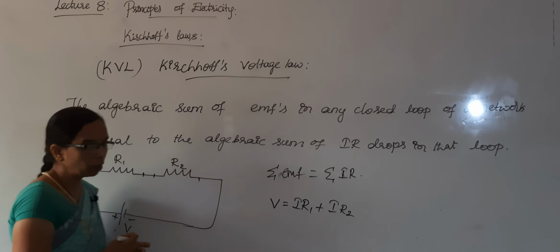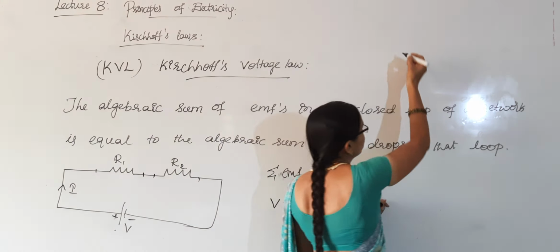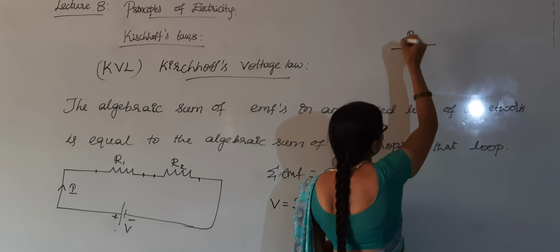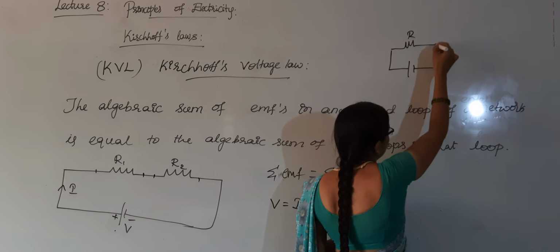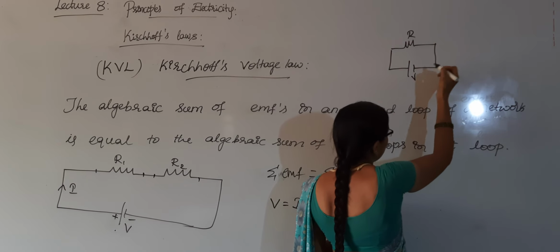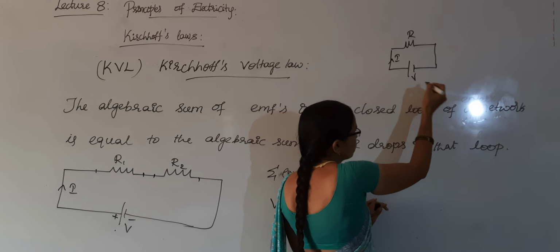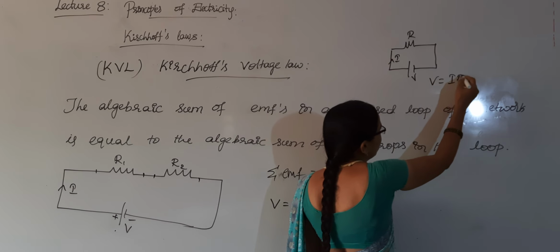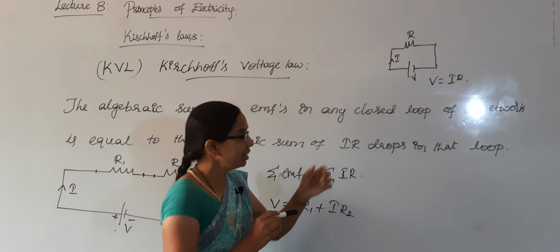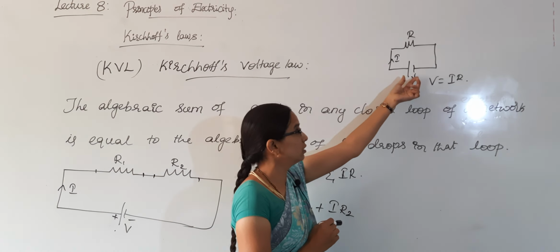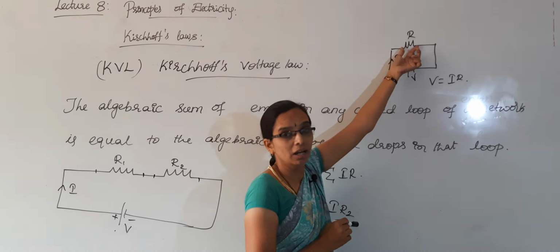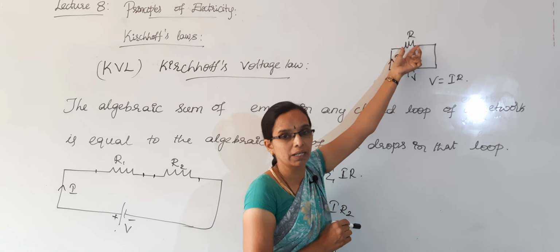In the sense, whatever the supply voltage is coming, some of the voltage will drop here and some will drop here. What about in case of Ohm's law circuit? You have studied Ohm's law circuit. There is only one resistance connected along with the voltage source V, and current I is flowing. You used to write V is equal to IR. Whatever energy is supplied by this voltage source drops across R only, completely.